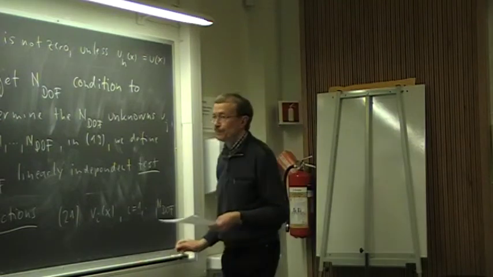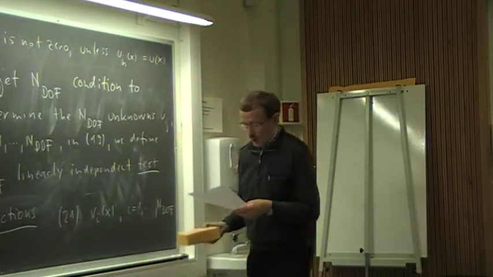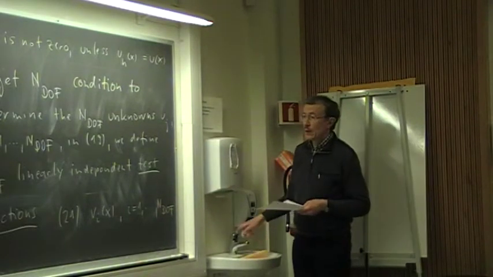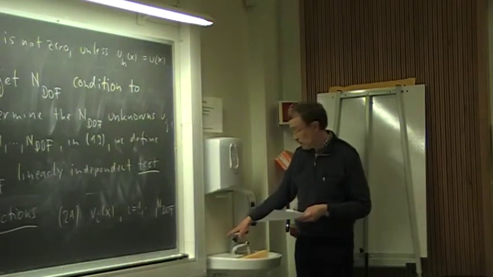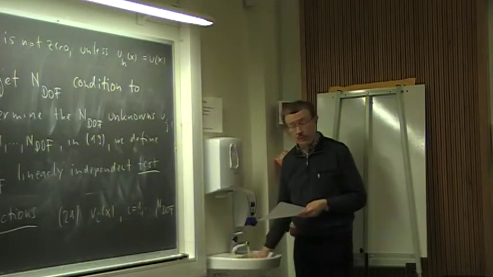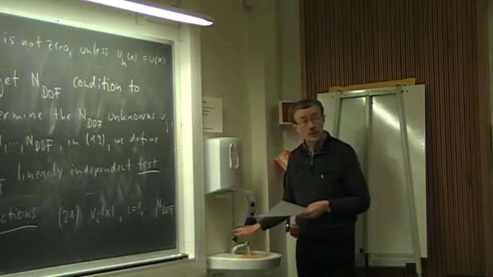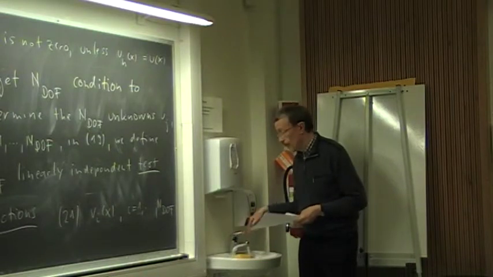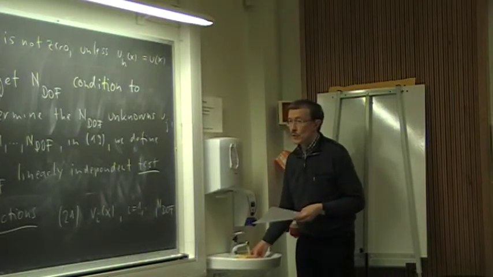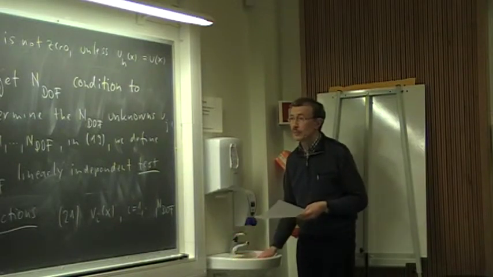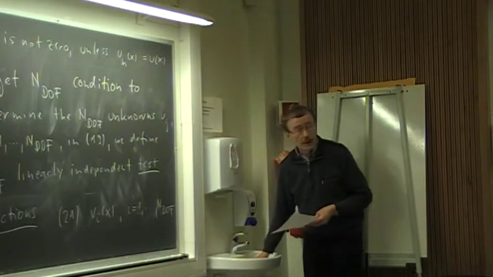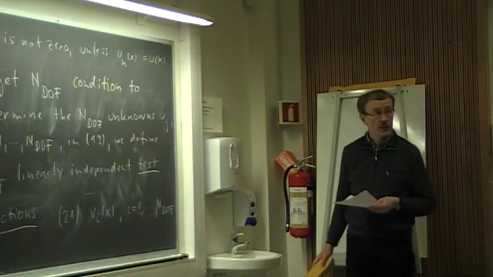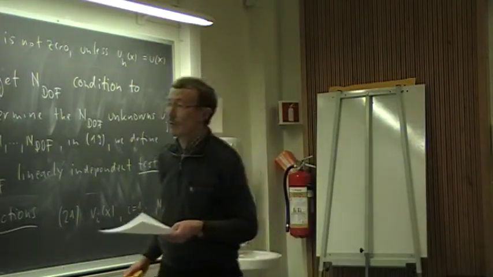How do we do that? We multiply the residual by these test functions and integrate over the domain. And then we want that to be 0. So that will be our condition. So then we have the residual, and you can say we weighted with these test functions and want that to be 0.